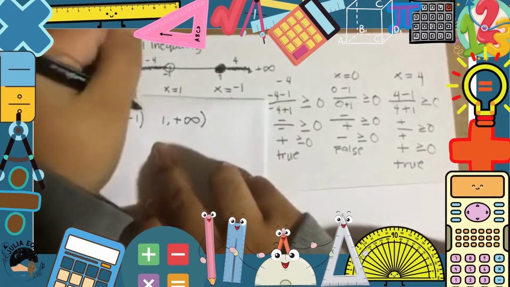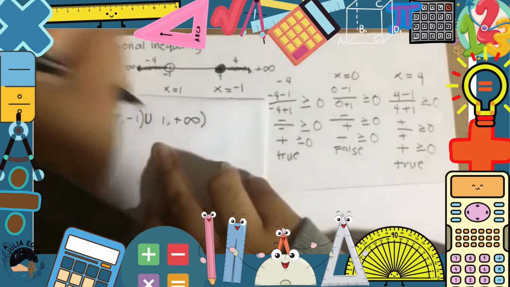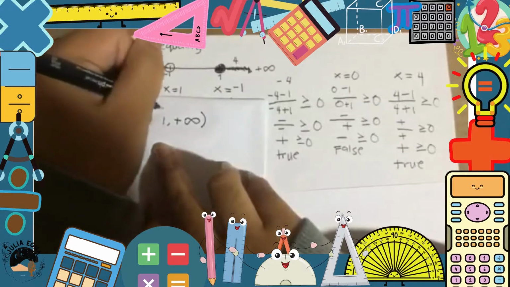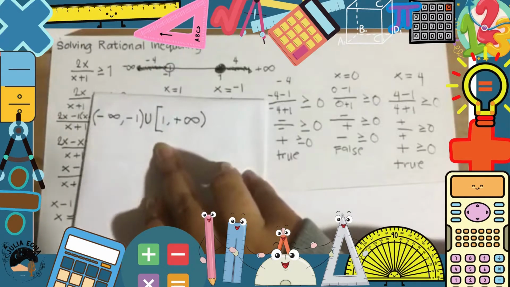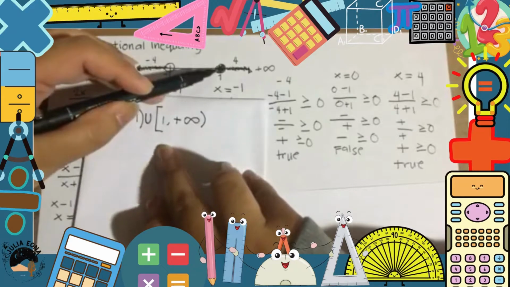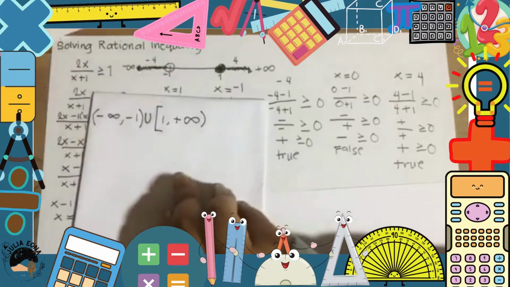Next, let's put union of bracket. Why did I put bracket? Because positive 1 is included in our solution. So, how are you going to read this?